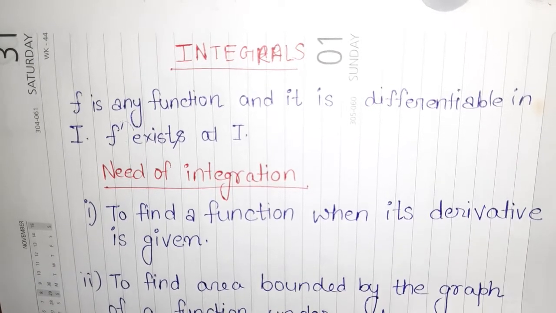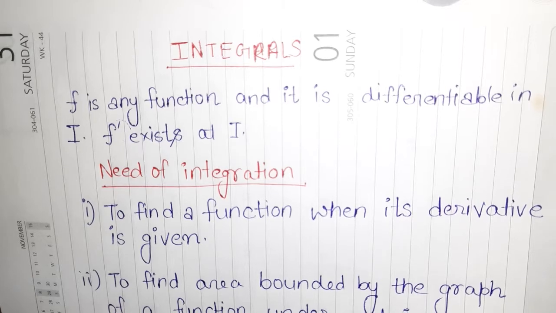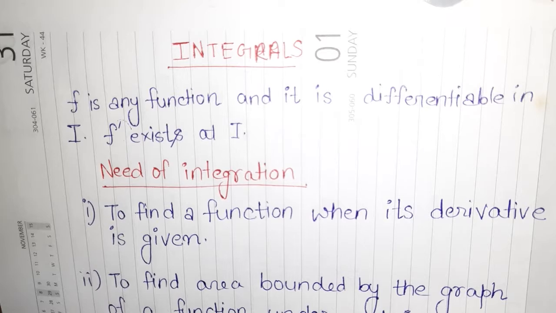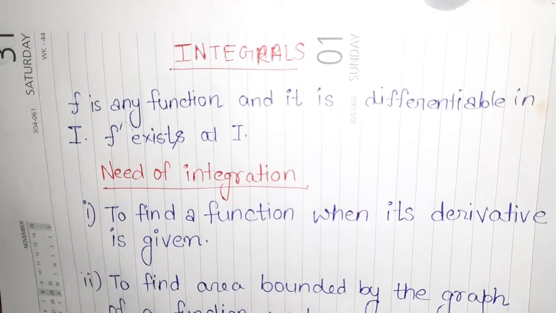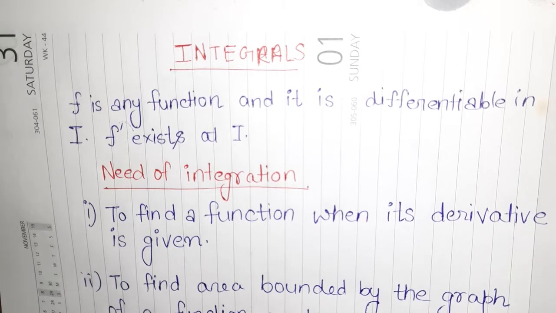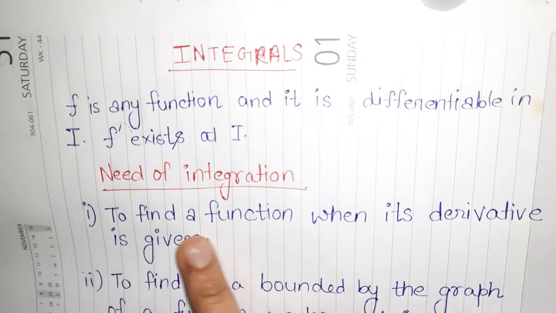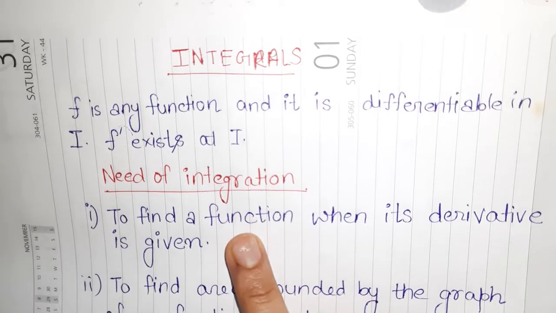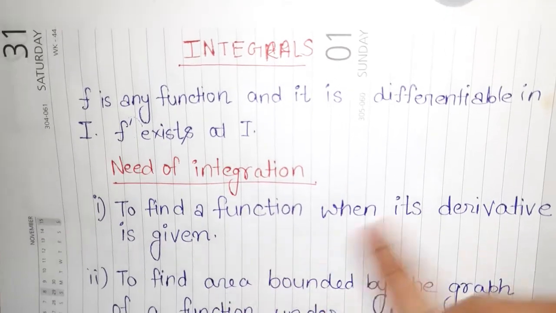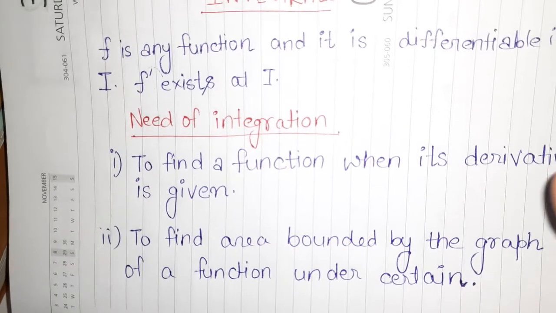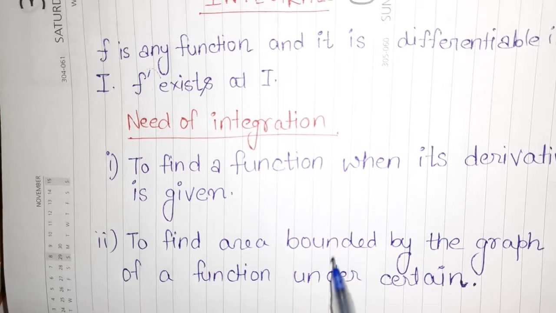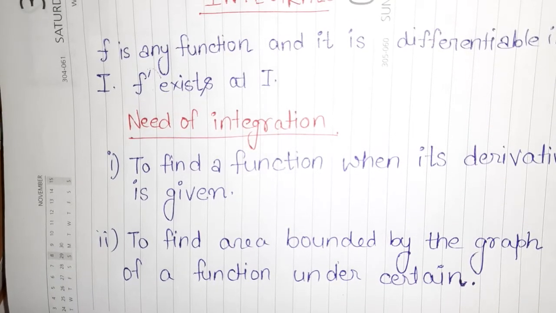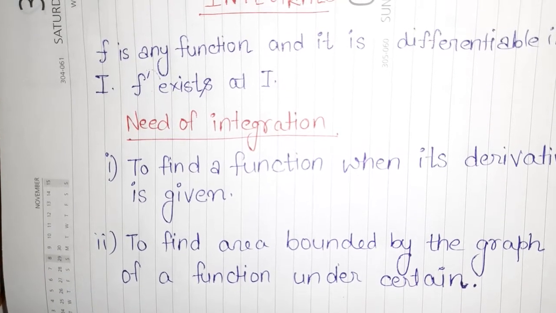Means by using integration we can find out the area of a curve whose functional value is given. The first is a type of indefinite integration, and this is a type of definite integration, where you have to find the area in a certain limit. So from these two needs arise the two types of integration, definite and indefinite integration.